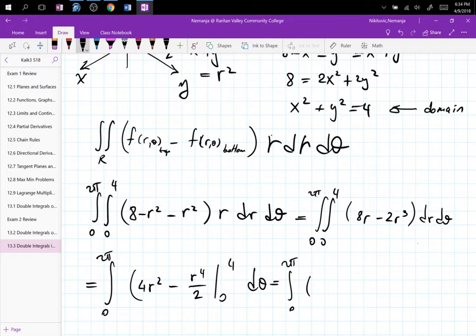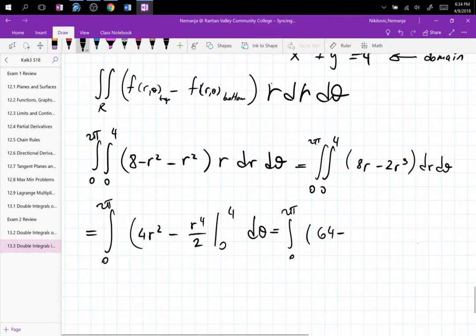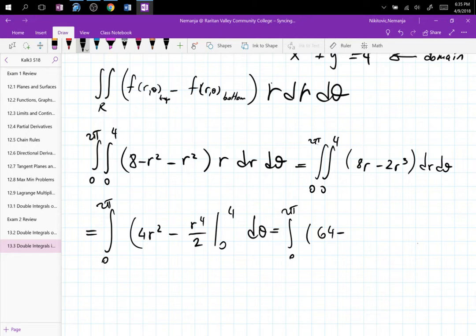And when we plug in 4, you get 16 times 4, 64. Minus 16 times 16 is 256 divided by 2. 256 divided by 2 is 128.